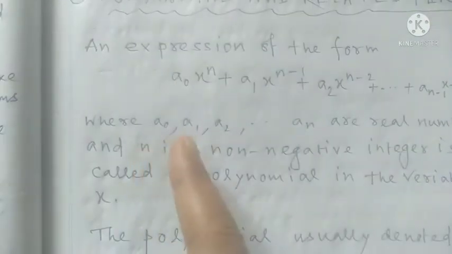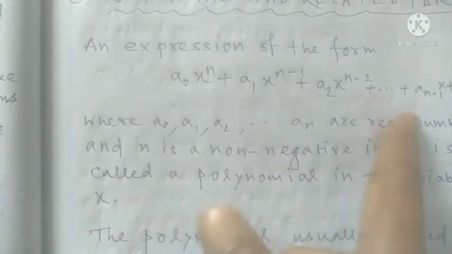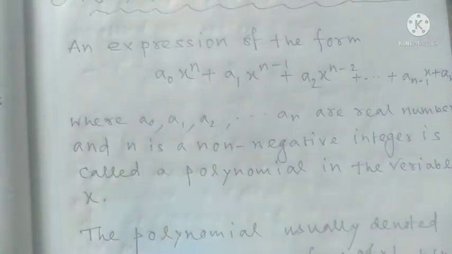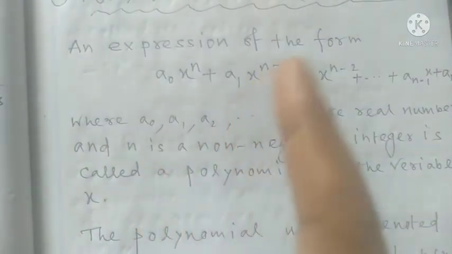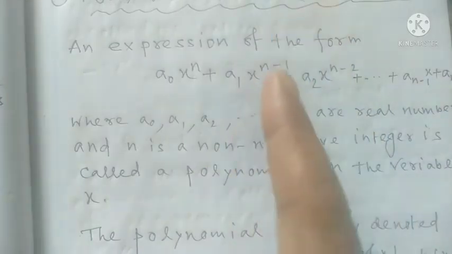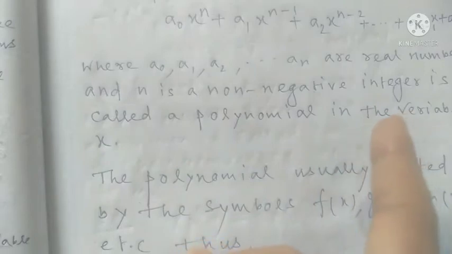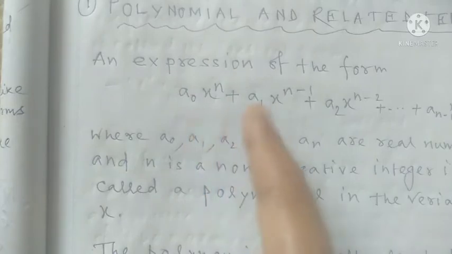Okay, so where in this expression a0, a1, a2, an minus 1 and an are real numbers and n is a non-negative integer, then you can say this expression is called a polynomial in variable x, because in this expression the variable is x. And the real numbers are a0, a1, a2, so that's why the power will be non-negative.